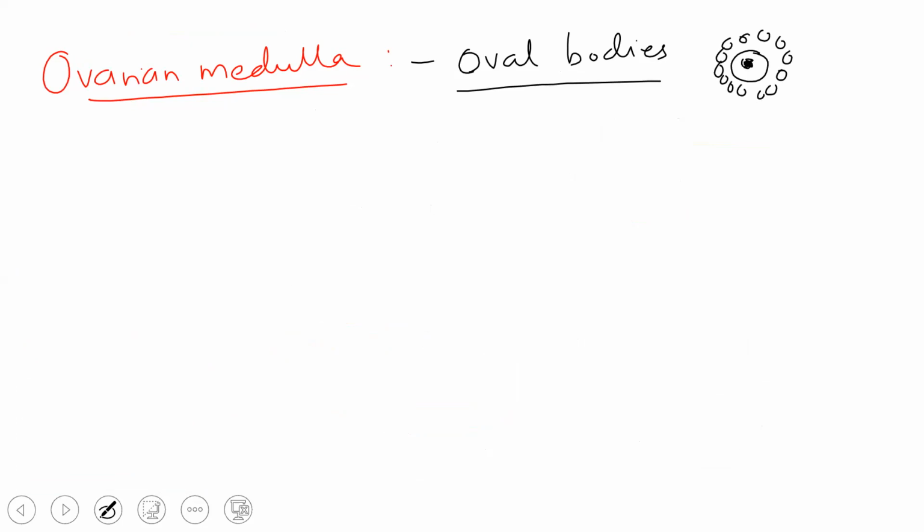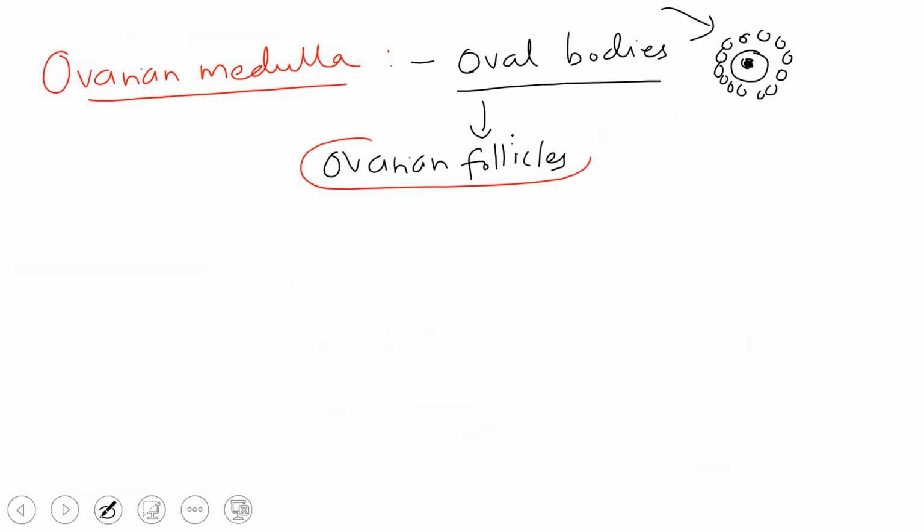These oval bodies are referred to as ovarian follicles. These ovarian follicles are found at several developmental stages inside the ovaries, which we'll study further in gametogenesis.